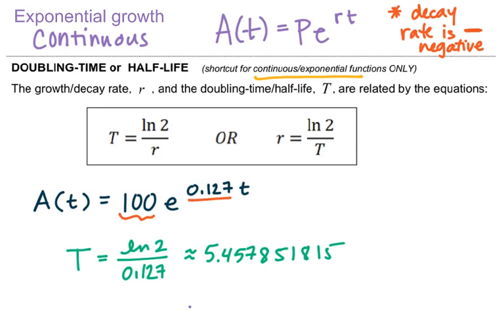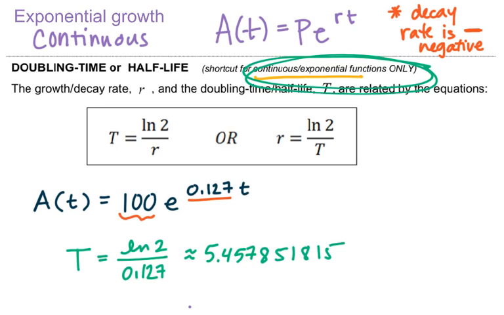Okay, so we have that shortcut, and on that last problem we did, we could have used the shortcut. Just a reminder though, you can only use it for things that are increasing exponentially: exponential growth, continuous growth, population growth, or decay.